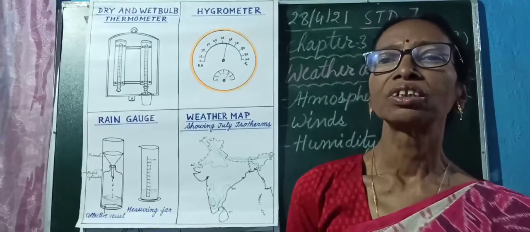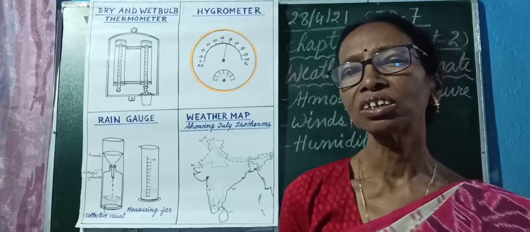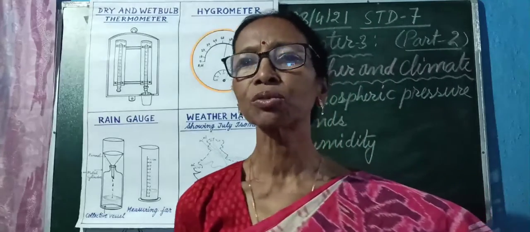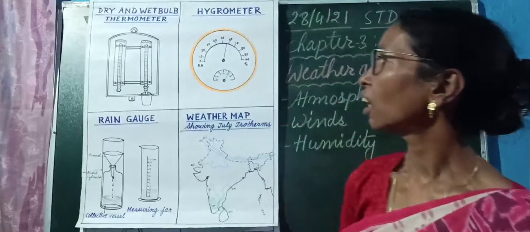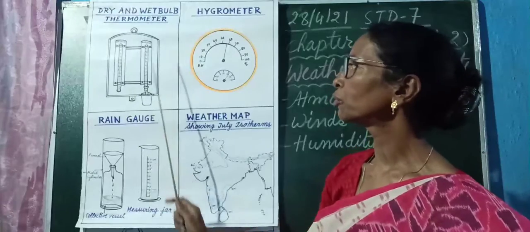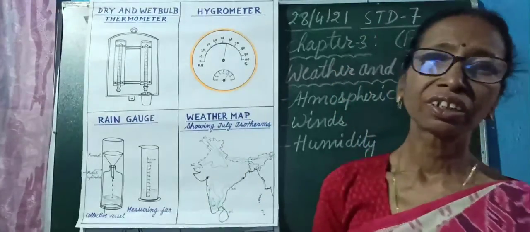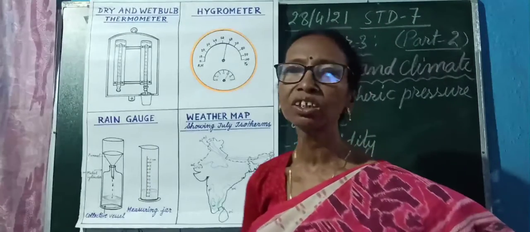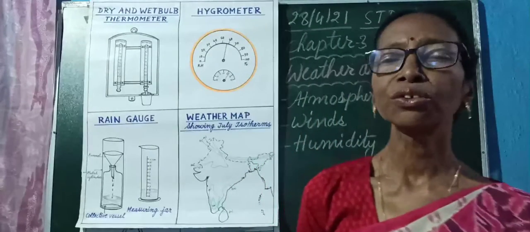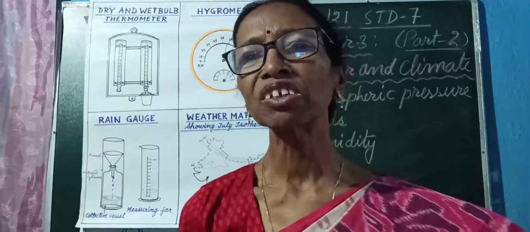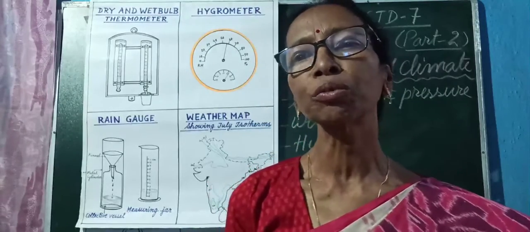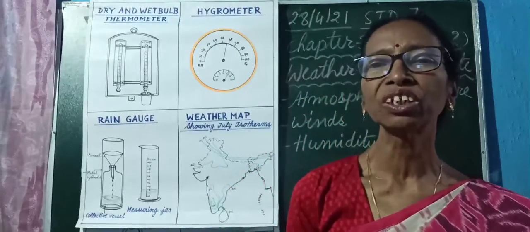So, the instruments which measure the humidity found in the atmosphere are the dry and wet bulb thermometer and the hygrometer. The dry and wet bulb thermometer also gives measurement about the absolute humidity and relative humidity.